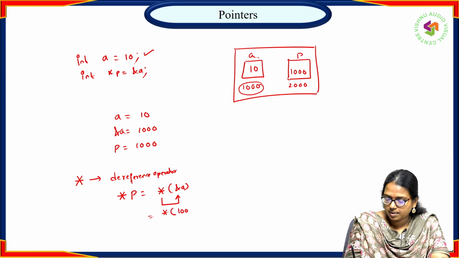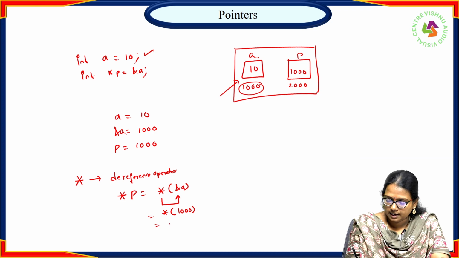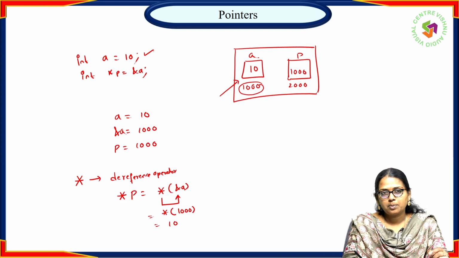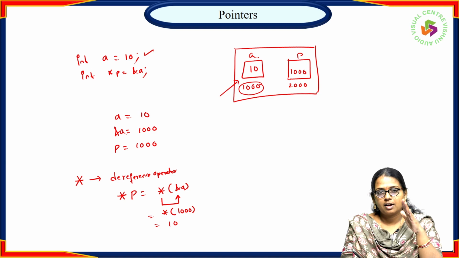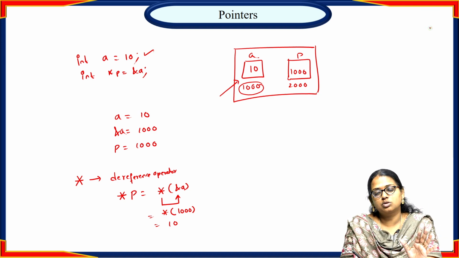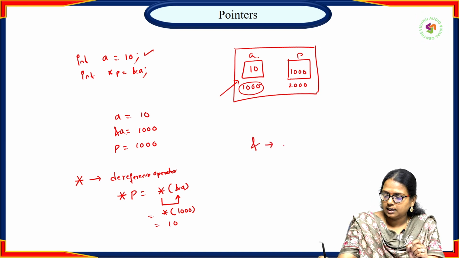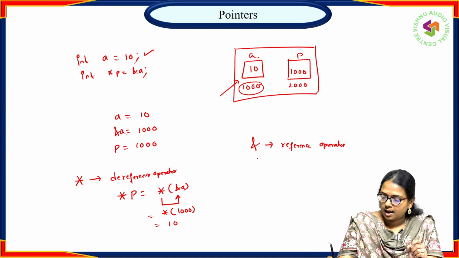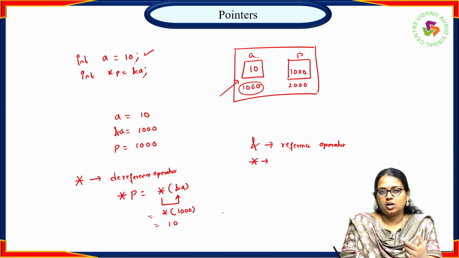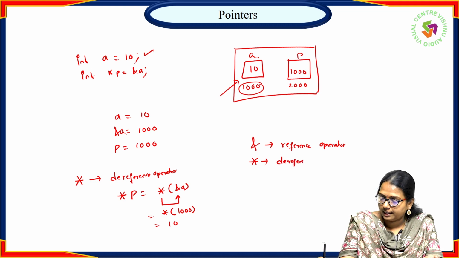Address a is nothing but 1000. Value at the address 1000 is what? 10. It will print 10. That means it is going to the reference. At that reference, what value is there? It is printing. So asterisk is known as dereference operator, whereas ampersand is a reference operator. And this asterisk symbol, that is the pointer symbol, is known as dereference operator.